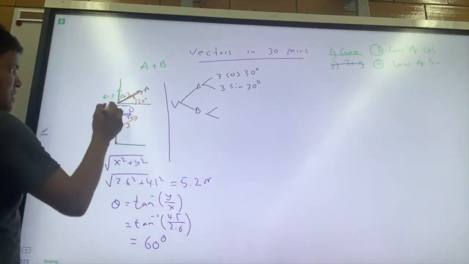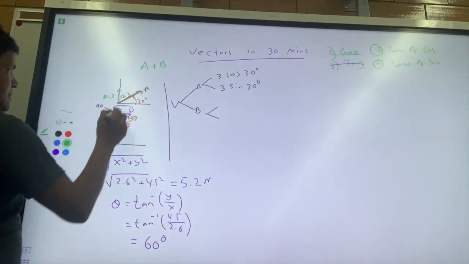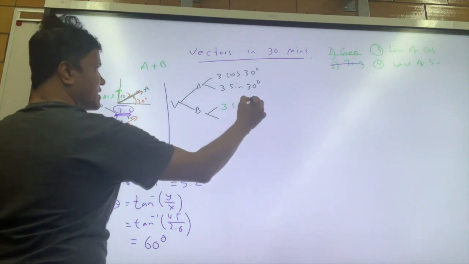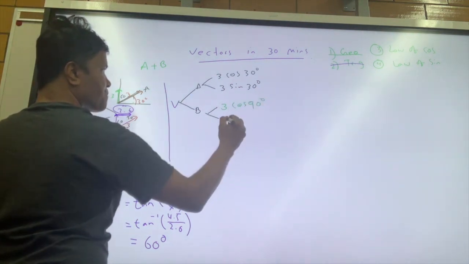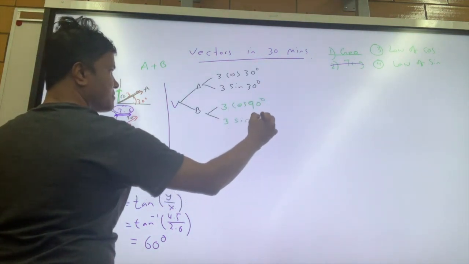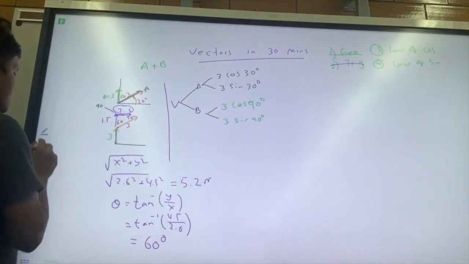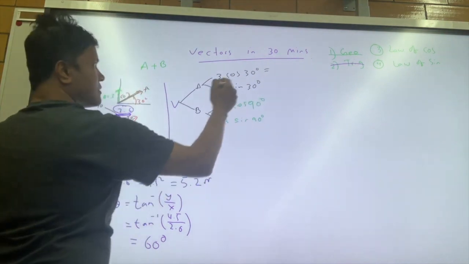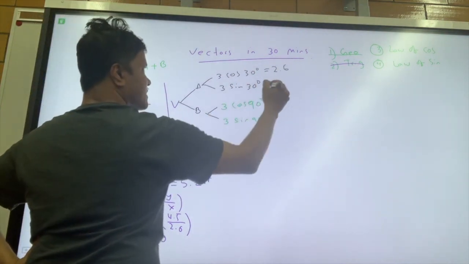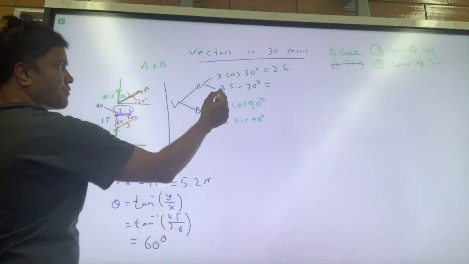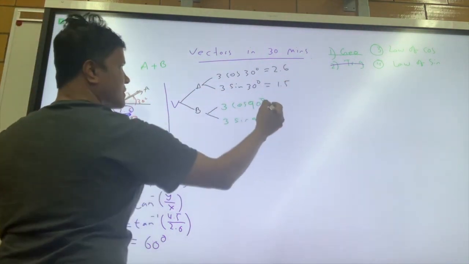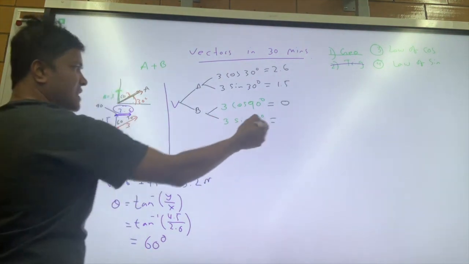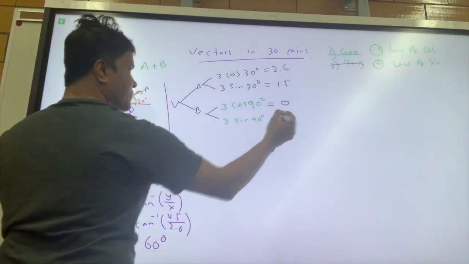Vector B has two components, 3 cosine 90 degree, 3 sine 90 degree. This is 2.6, this is 1.5. Cosine 90 degree is 0, so this is 0, sine 90 degree is 1, so this is 3.